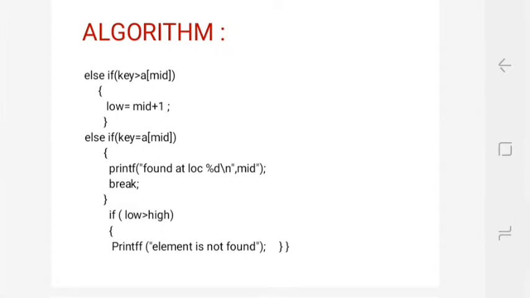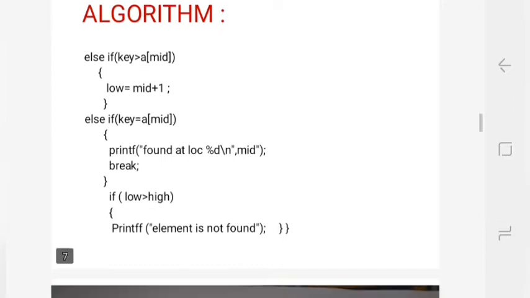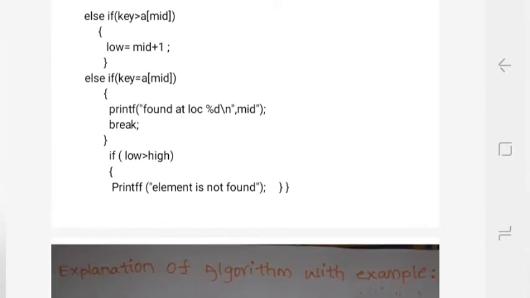Then we are comparing: if the key is greater than the mid value, then the low variable is moving from 0 to index mid plus 1, and we are checking mid equals (low plus high) by 2. If those two conditions fail, then the only remaining condition is that the key value is equal to the mid value.